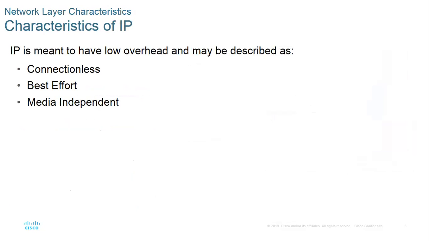IP characteristics are, first, connectionless. It's a connectionless protocol, which means transferring data from source to destination does not require prior establishment of a connection between the source and destination, similar to the transport layer or some layer 2 protocols.